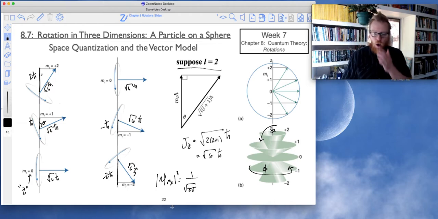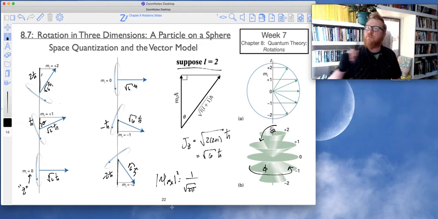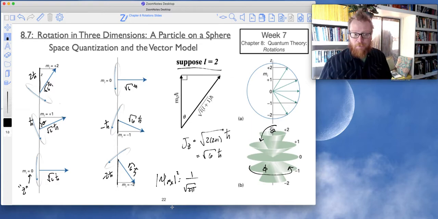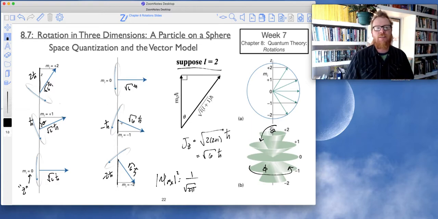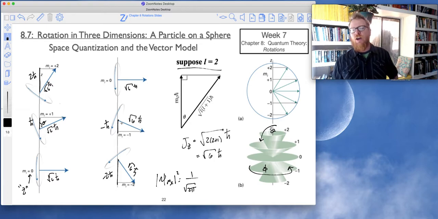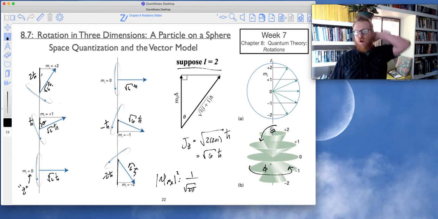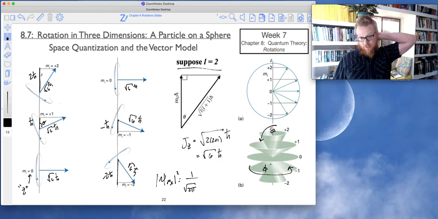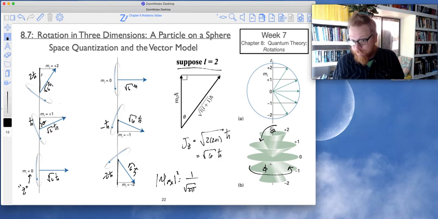So the fact that our wave function has no phi dependence means it's spread out over all angles of phi. So what we get from this space quantization are these projected cones. These projected cones represent our angular momentum.